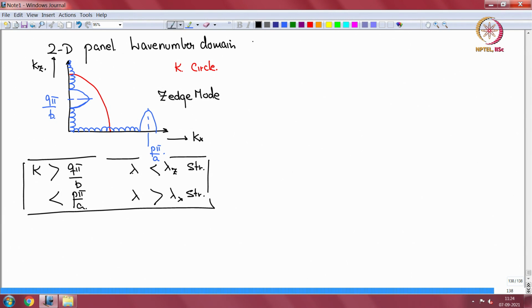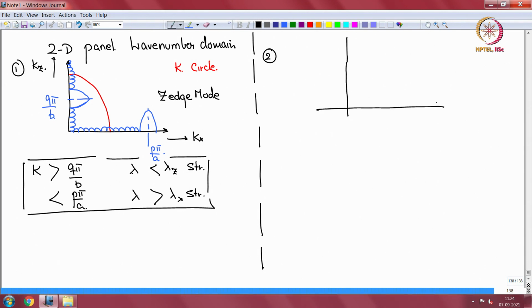Now the second case, case 2. In this case p pi by a comes closer, and q pi by b is far away.